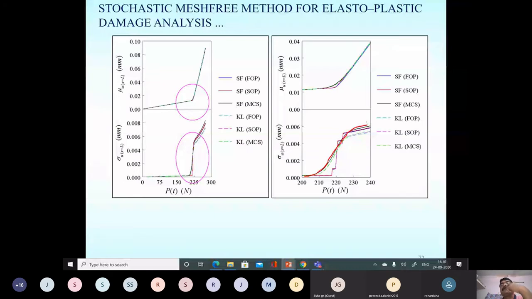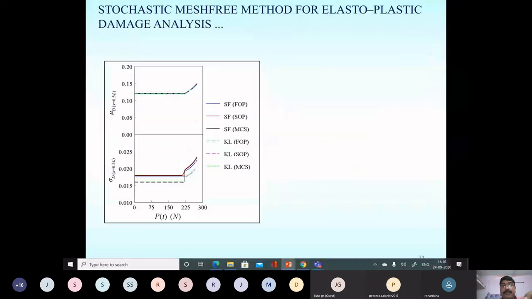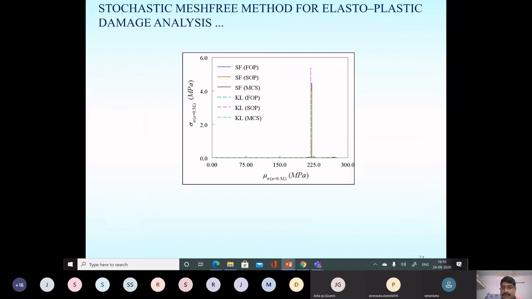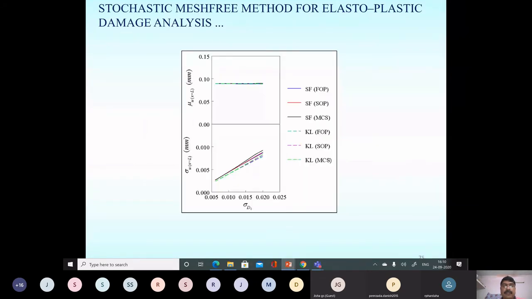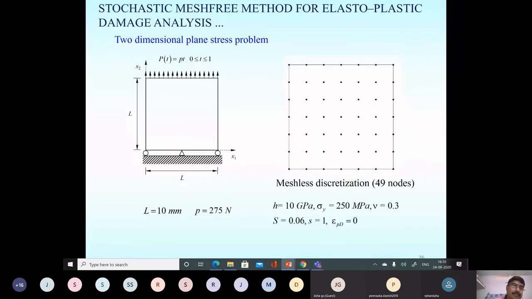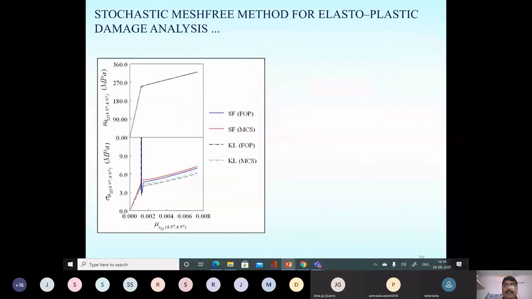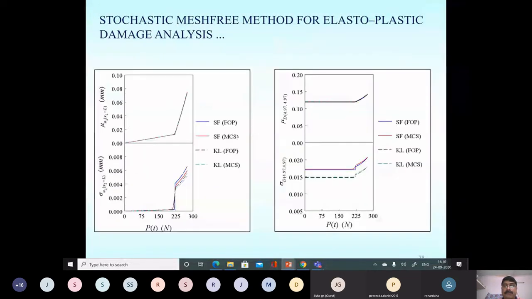At the load where the material property changes from elastic to plastic, you can see that there is a jump at failure. You can see that in some other example here. Here you can see that this is a plate with a hole problem, a 2D problem.